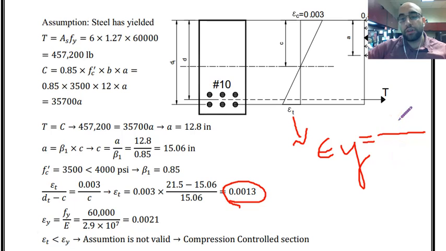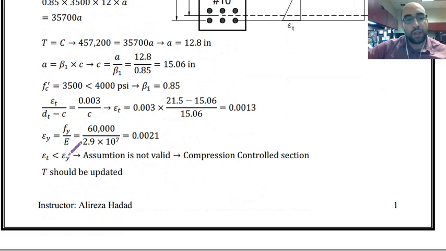The stress that we are talking about is Fy, yield strength of the reinforcement that we are using in this section, and Young modulus is the Young modulus of steel, which is always 2.9 multiplied by 10 to the power 7. So this is how I can find the yield strain. As you can see, it is calculated over here. Fy is 60,000, E is 2.9 times 10 to the power 7. For all types of steel, that is the Young modulus. As you can see, this is the yield strain.